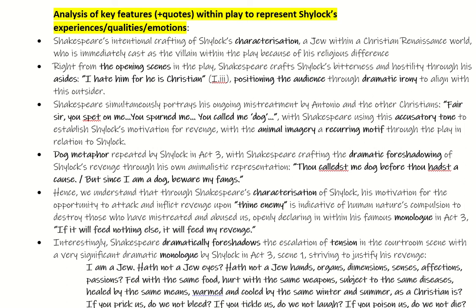And so what you should be able to then do is find some really strong examples that you can then always come back to discuss, no matter what experience, no matter what element of the representation you're discussing in terms of Shylock's characterization, and using some of those key quotes to support your discussion in your essay.